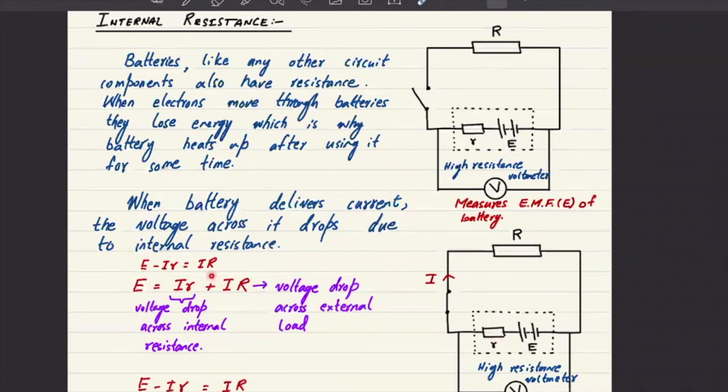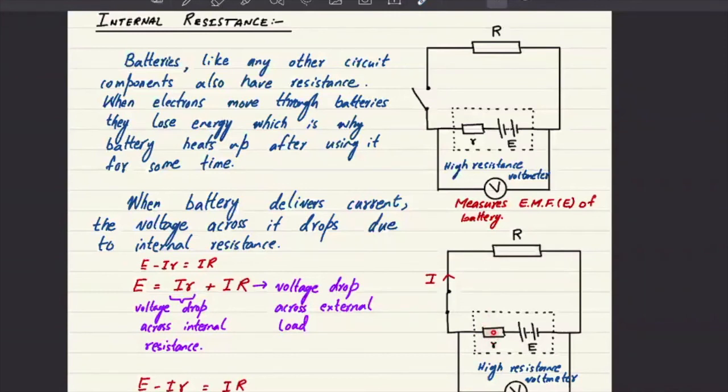In this kind of situation, guys, you have two resistances. One is the resistance of the battery, and the other one is the resistance of the circuit. So we represent the resistance of the battery, which is called internal resistance, by small r, and the resistance of the circuit by capital R. So you would say E minus Ir, because Ir would be the voltage drop across the internal resistance.